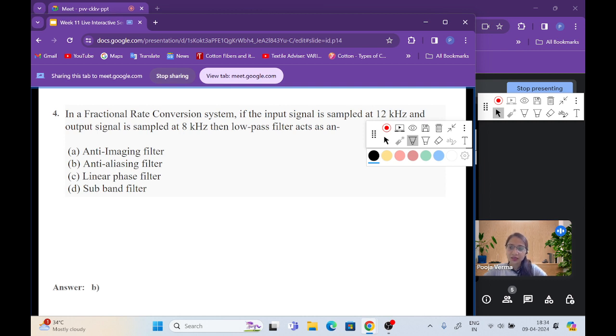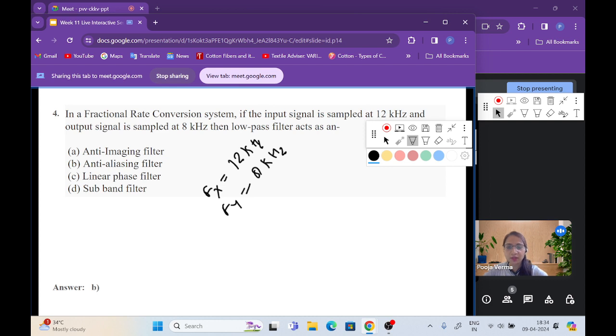Let the input signal Fx be sampled at 12 kHz and the output signal Fy be sampled at 8 kHz, then the low pass filter acts as an.